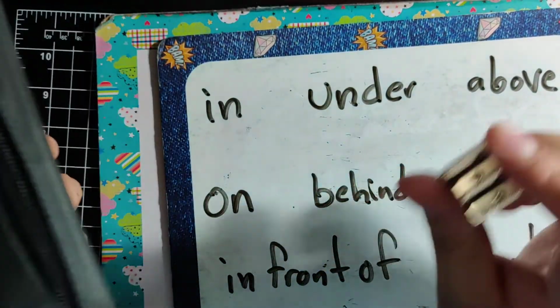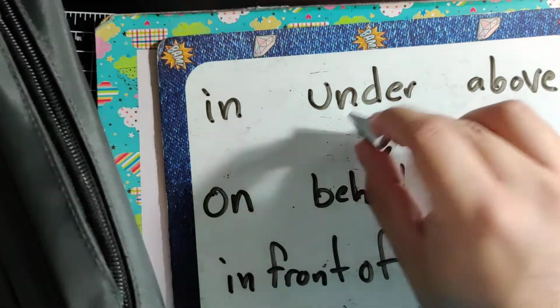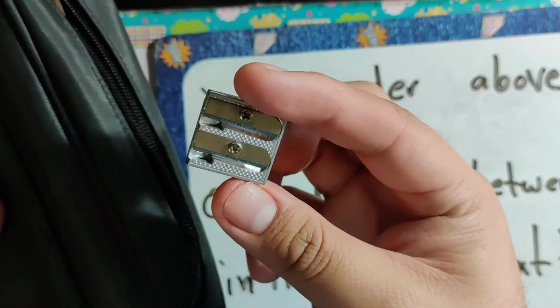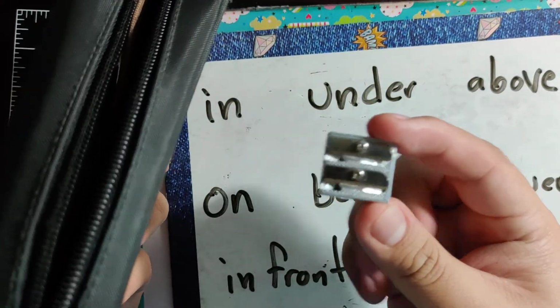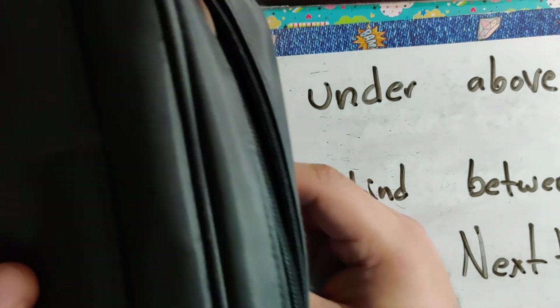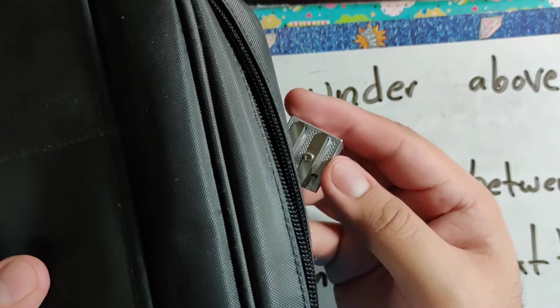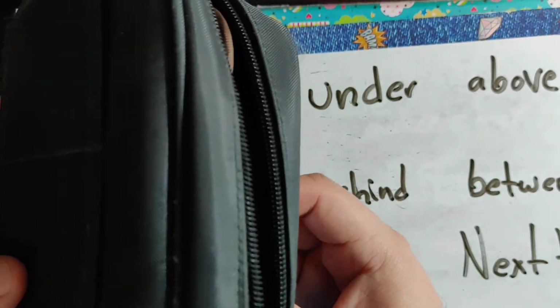Let's go to the next one. Under. There is a sharpener under the pencil case. There is a sharpener under the pencil case. You see? It's under. That's where it's at.